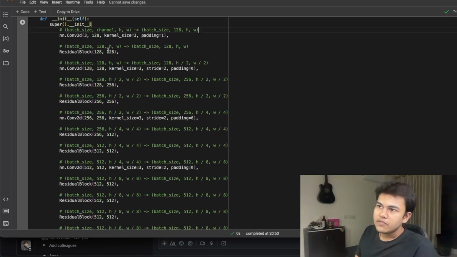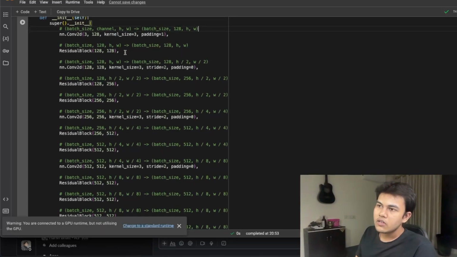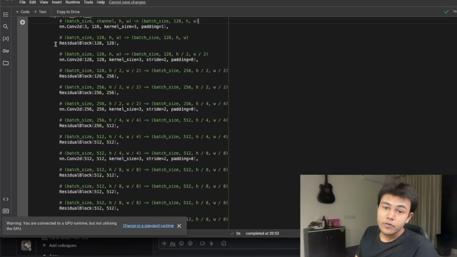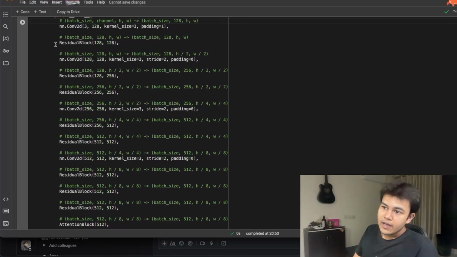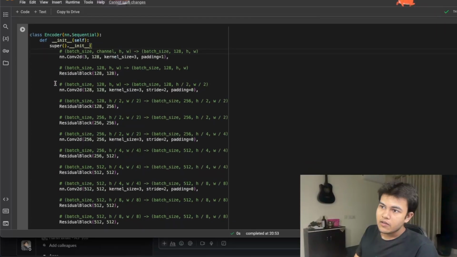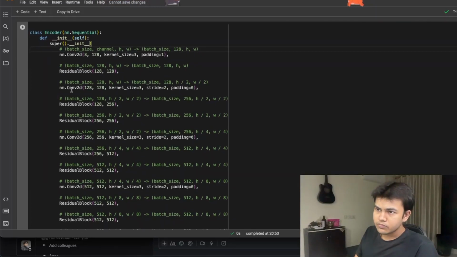And then we have the residual block. We're going to use a lot of residual blocks in between, because we need to have a very deep network, so we use residual blocks a lot here between the Conv2d layers.